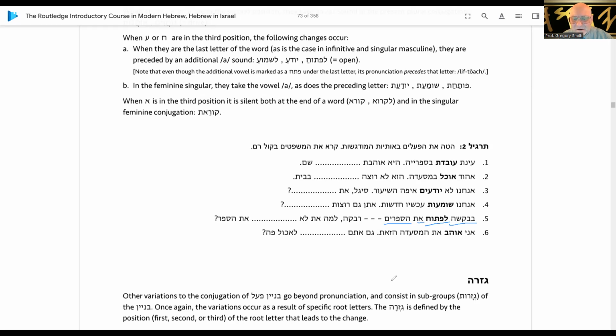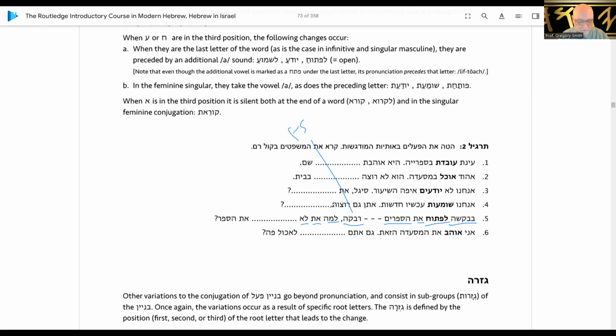Okay, and let's see here. Please open the books. Rivka, lama it lo. Okay, so this got to be a proper name. It's feminine singular. This means why, probably, I think.